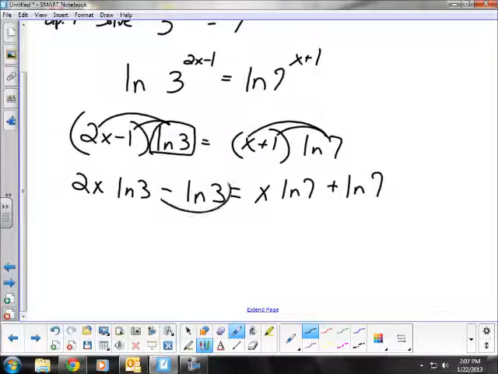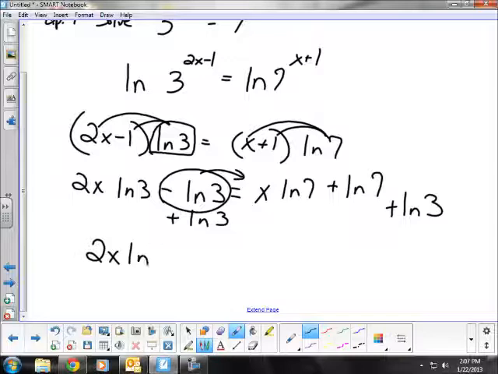So the minus ln of 3 needs to come across, right? So I'm going to do that by adding the ln of 3 to both sides. And I don't have any like terms, so it's just going to get listed over there. So I'm going to have 2x times the ln of 3 is equal to x times the ln of 7 plus the ln of 7 plus the ln of 3.